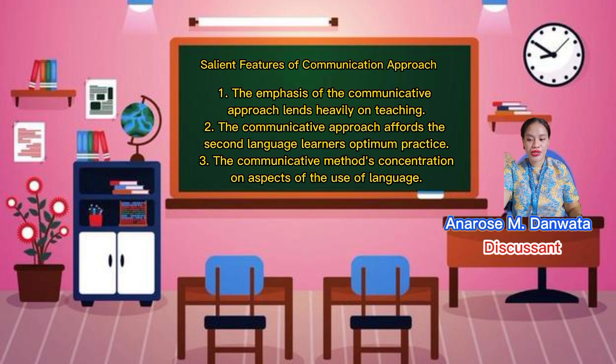Number three, the communicative method's concentration on aspects of the use of language results in the commission of mistakes. Again, we teachers commit mistakes in grammar and in our intonation. As future teachers, we sometimes commit mistakes. So formal accuracy must be sacrificed for language use.